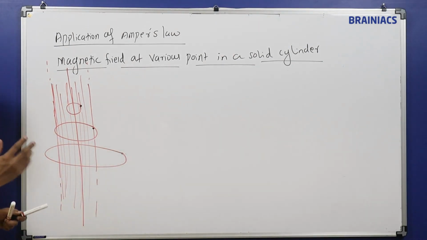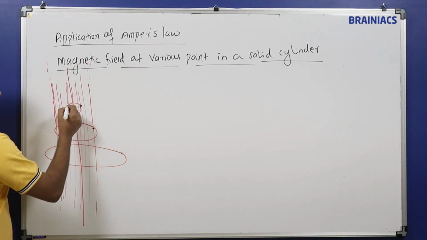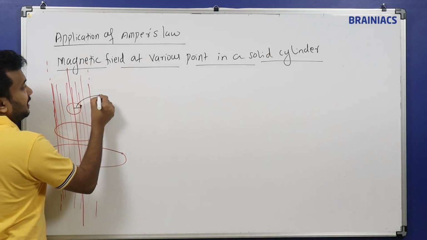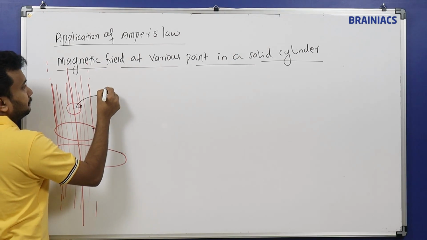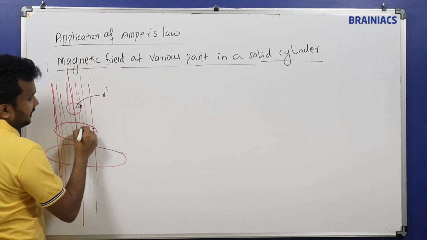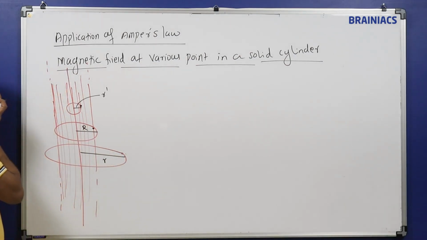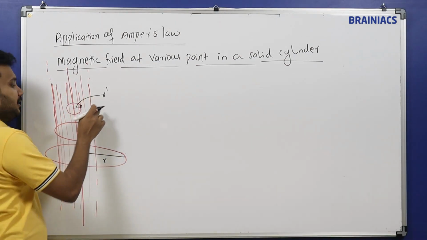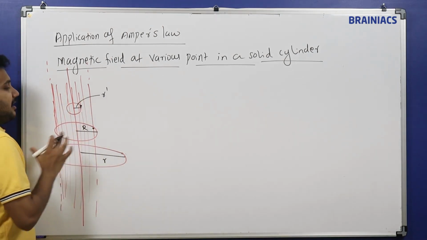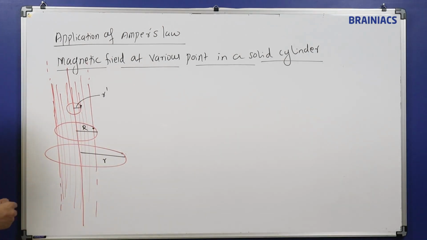So there will be 2 points. Suppose the inner radius is taken as r dash, the outer radius is taken as capital R, and this outer distance is called r. So r dash is the inner point, capital R is the original radius, and r is the outer radius. Now we are going to find out magnetic field at various points.